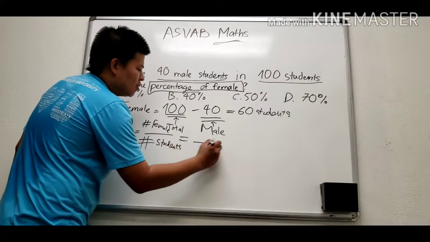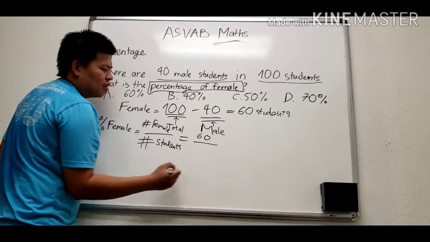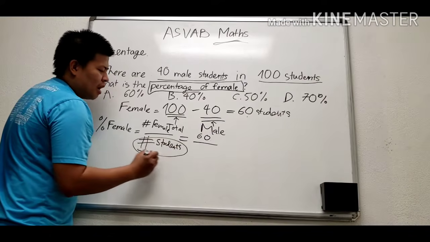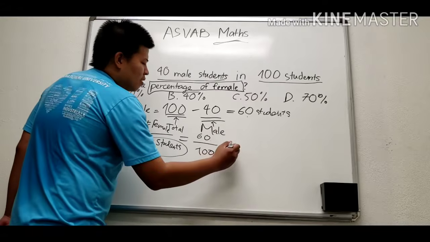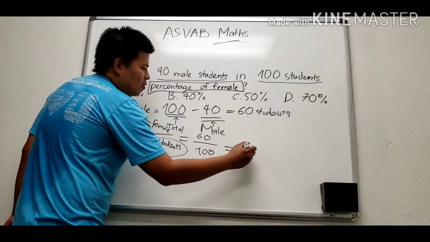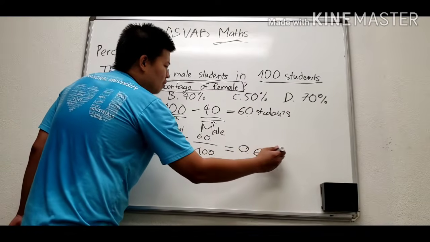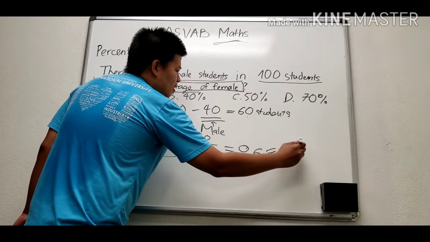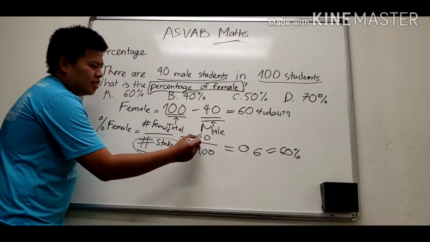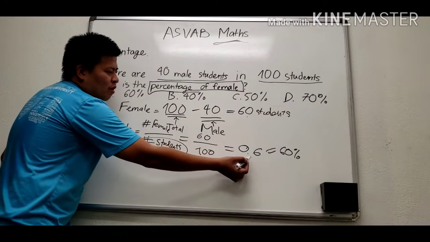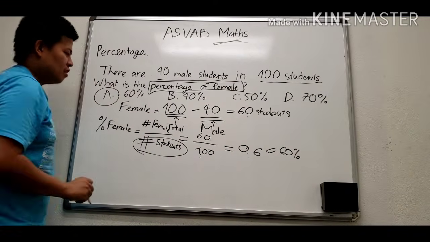We have 60 students here, and the total is 100. We get 0.6, which is 60%. Because 60 divided by 100 is 0.6, we get answer A.